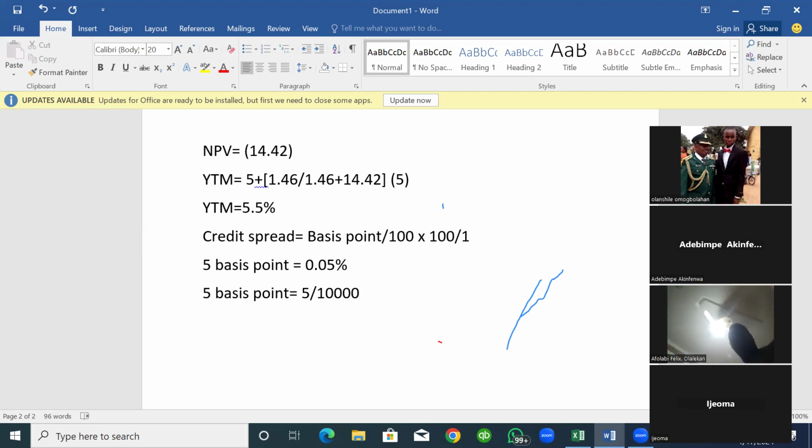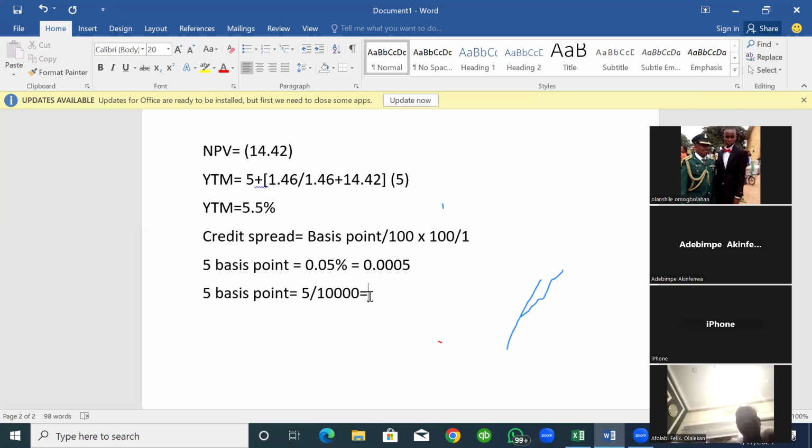It's not the same thing I'll get, so I should do the two. 0.05 divided by 100 should give you 0.0005. Am I correct? And if you do 5 divided by 10,000 too, it should give you the same answer. Yes, it gives the same answer too. So why do I need to?